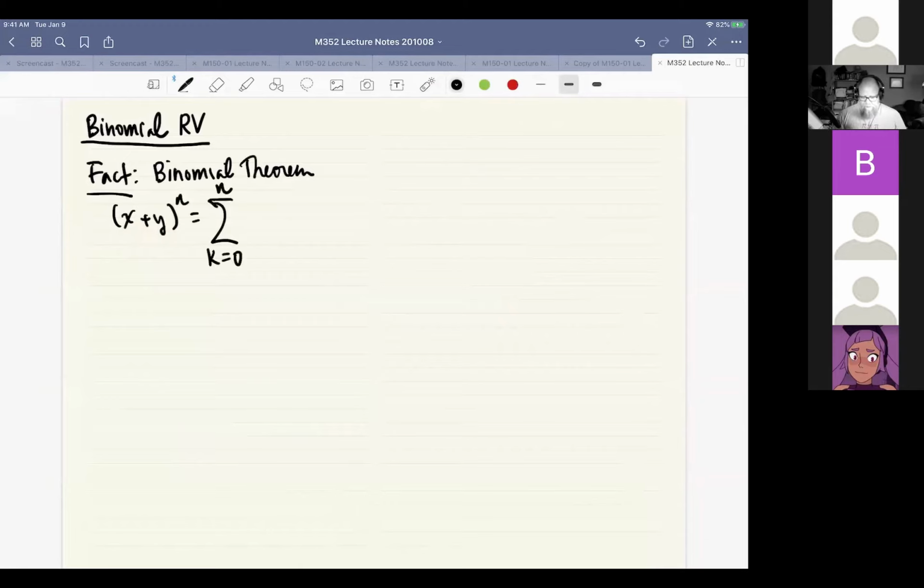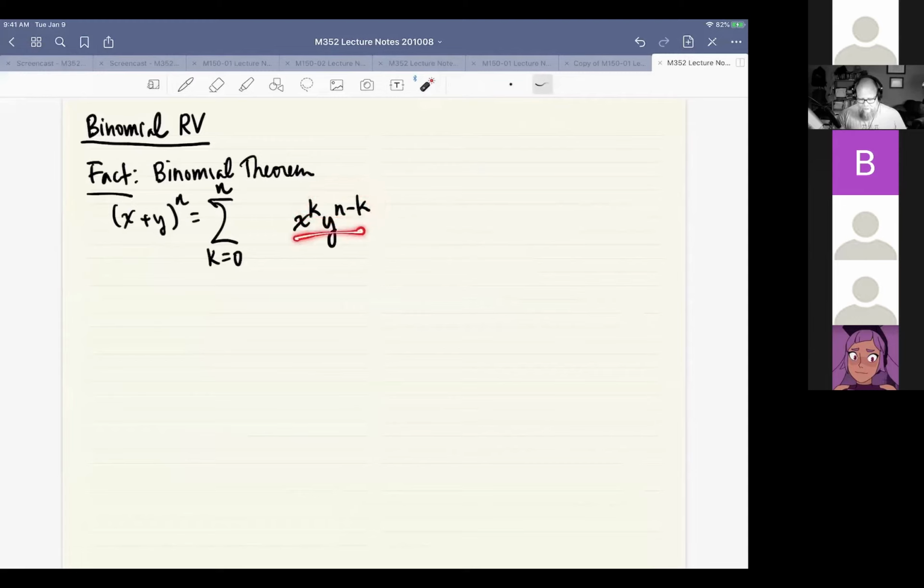And I'm going to use sigma notation to write down what you get. So you're going to get x to all these powers between 0 and n times y to the n minus k powers. So the exponents here always add up to n.